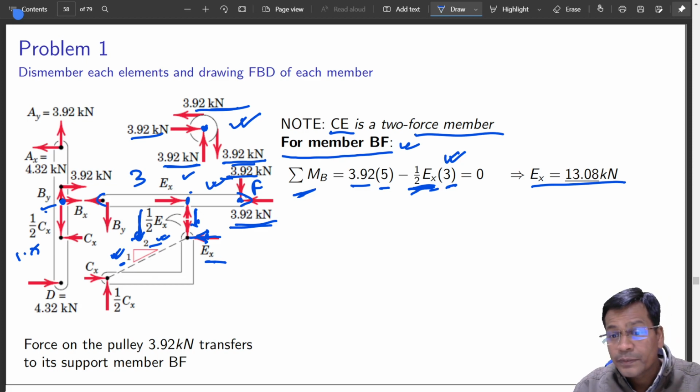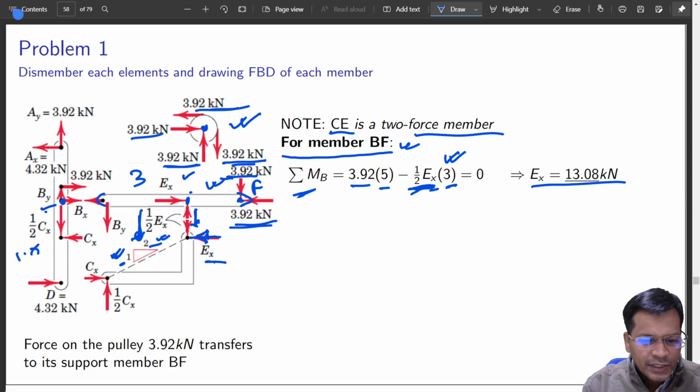We take it along. Just now I told you, irrespective of the shape of the sling, does this shape matter? As long as this point has to support the same load.